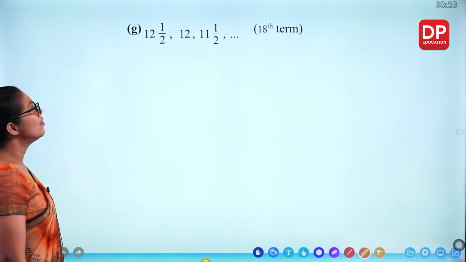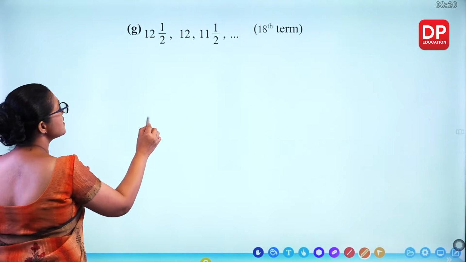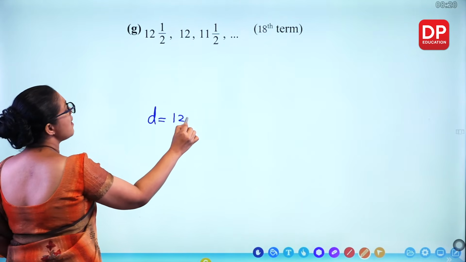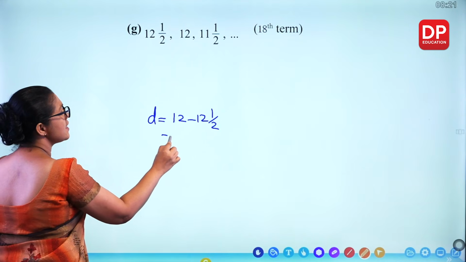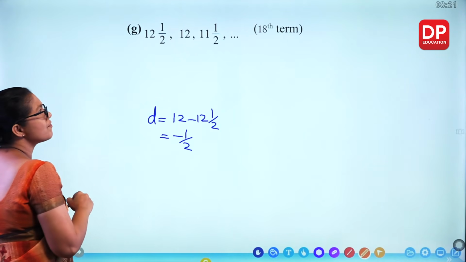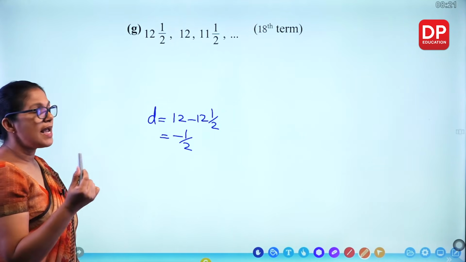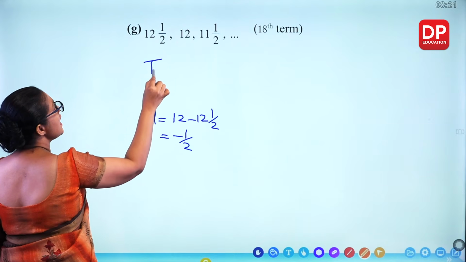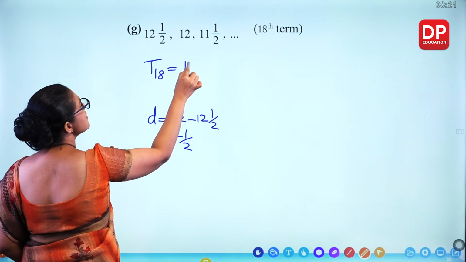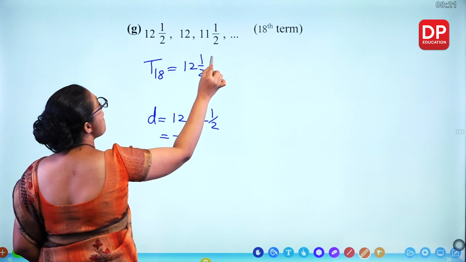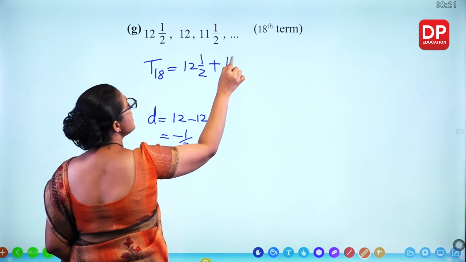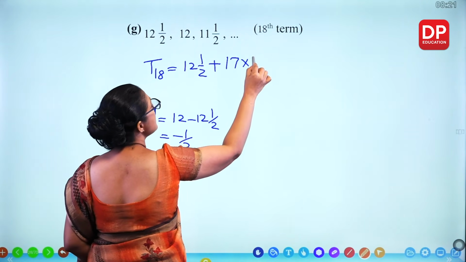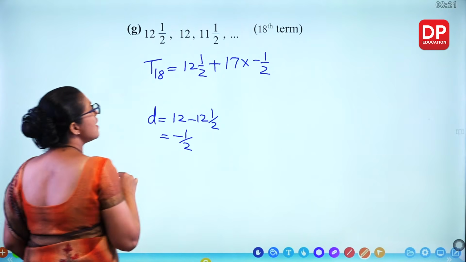18th term now. What's the difference? 12 minus 12.5. You get minus half. Now take the 18th term. T18 is, first term is 12.5 plus 18 minus 1, 17 times D. D is minus half.